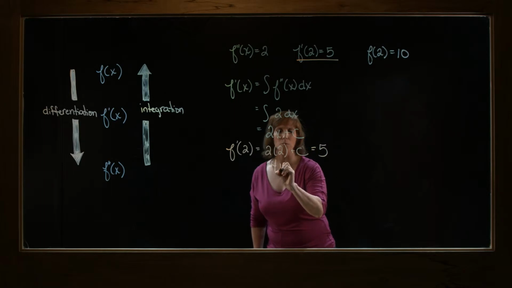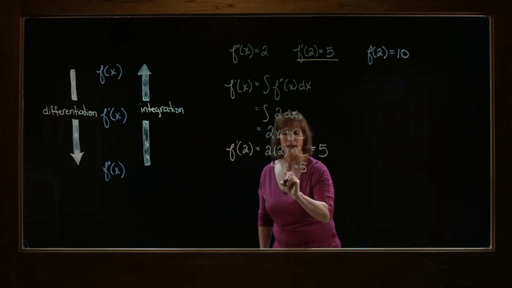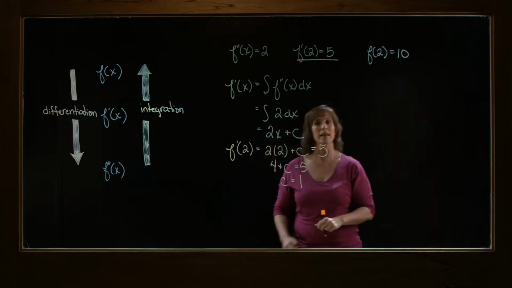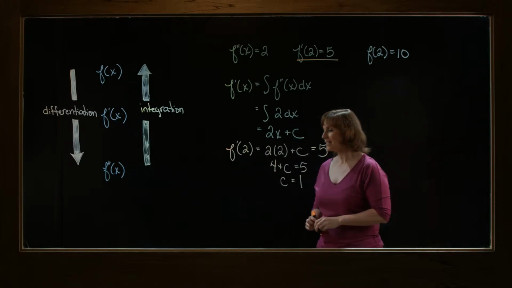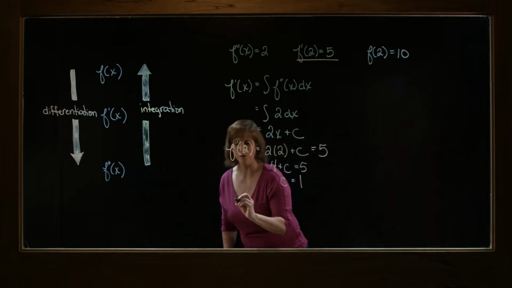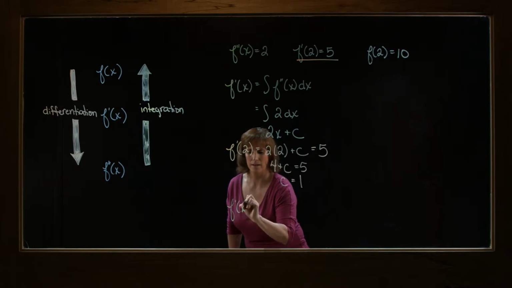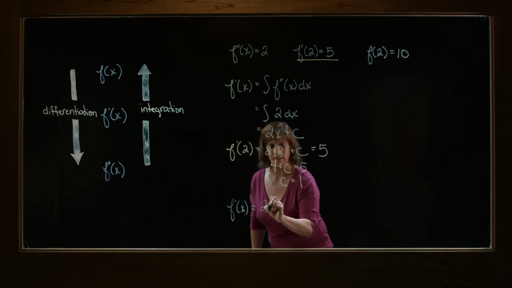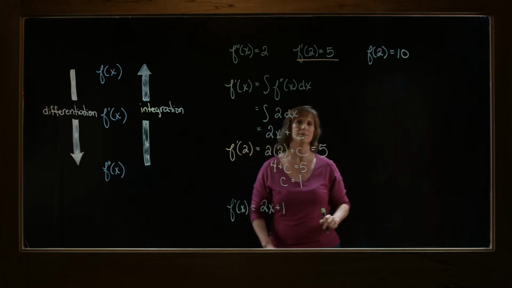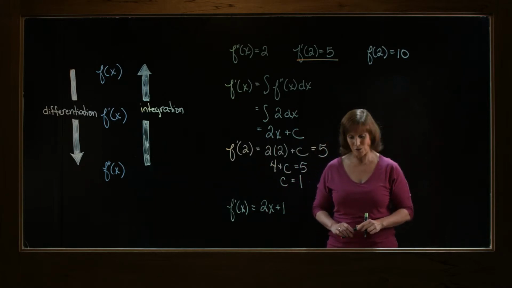This means that 4 plus c is 5, and so c equals 1. That tells me that my first derivative is 2x plus 1. All right, so far so good.